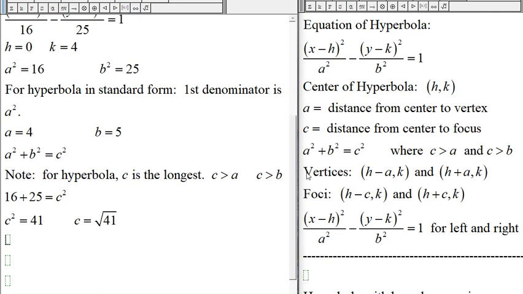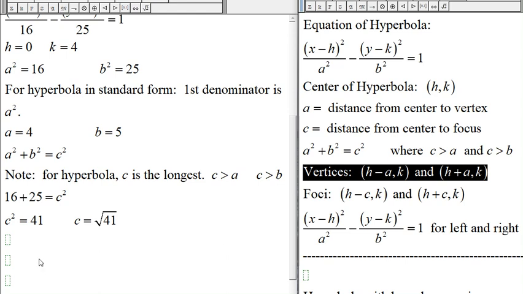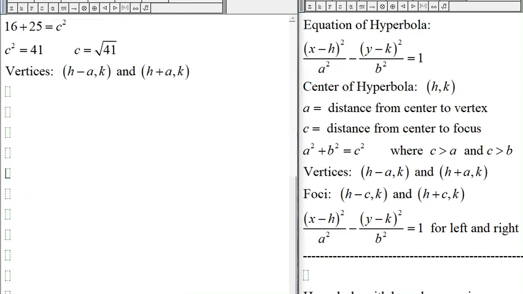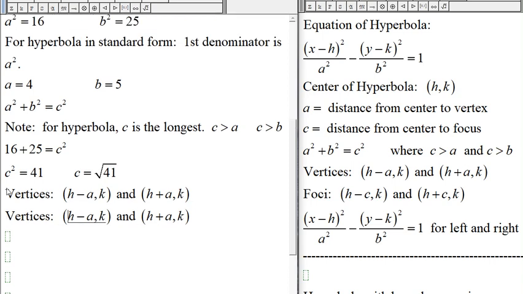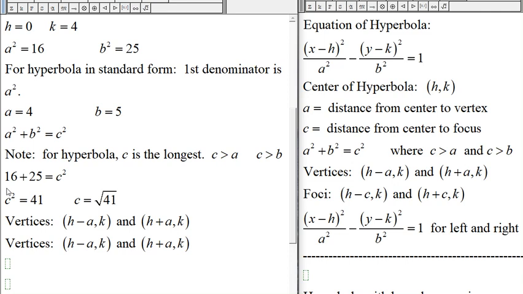So now we can get the vertices right here. h is 0, and then plus or minus a, a is 4, and k is 4. So we get 0 plus or minus 4, and 4.